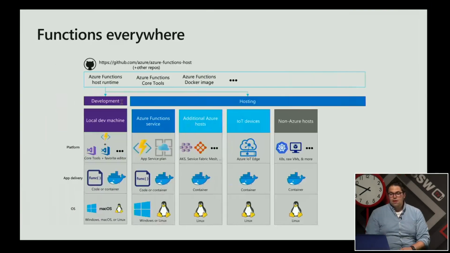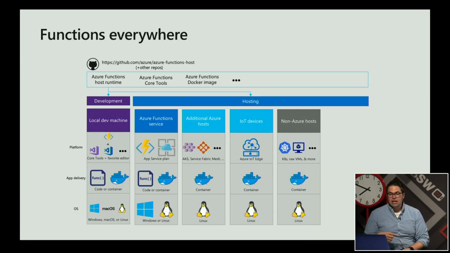Now, going back to the value prop at the beginning, obviously if you run your functions in Kubernetes on premises or wherever else, you are taking on much more of the operating costs, right? This is not serverless in the way we usually think about it anymore, because I'm managing servers, I'm managing Kubernetes. We understand that, but we don't want to say, because you have some scenarios where it makes sense, we're not going to let you do it.